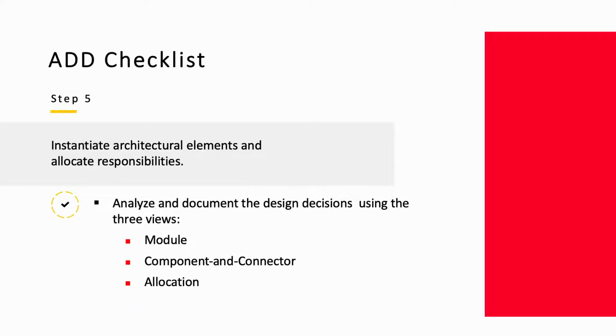Okay, so step 5. This is where your design decisions will now be used to say, am I going to use architectural views that are module-based, component and connector-based, or allocation-based? A quick overview of what module-based means: the most famous pattern is the layered pattern.